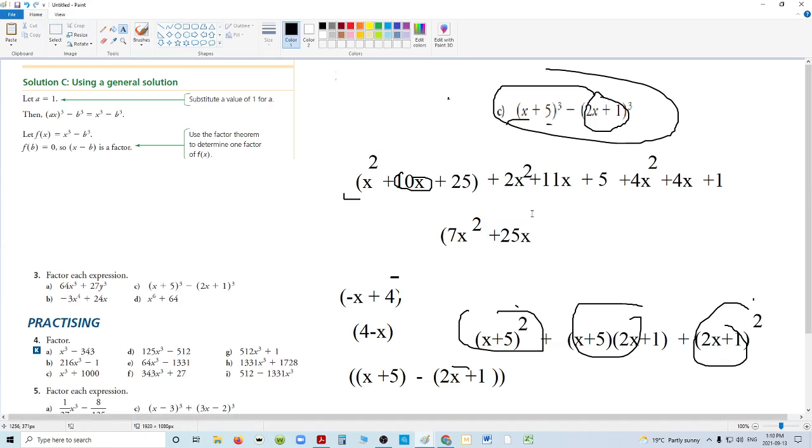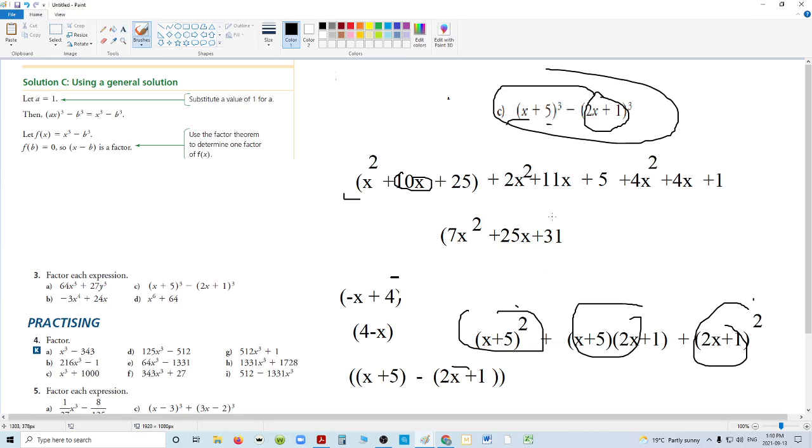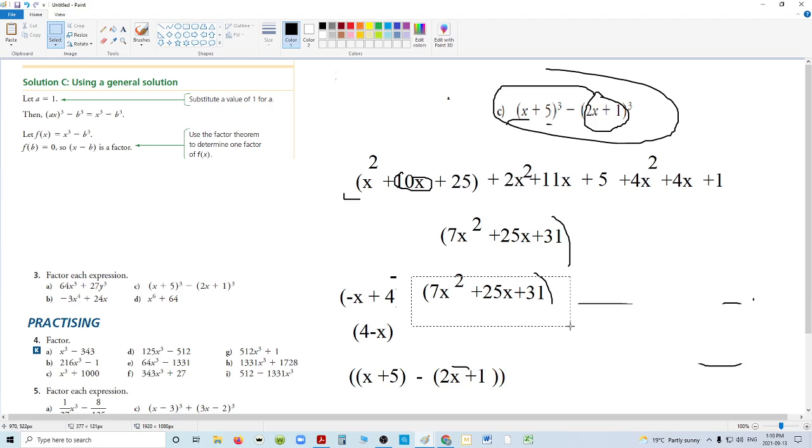And finally, what's 25 plus 5 plus 1, plus 31, which means the factor I would put in front of this is this. Let's just get rid of that for now. And this. So your book should say what I've written here.